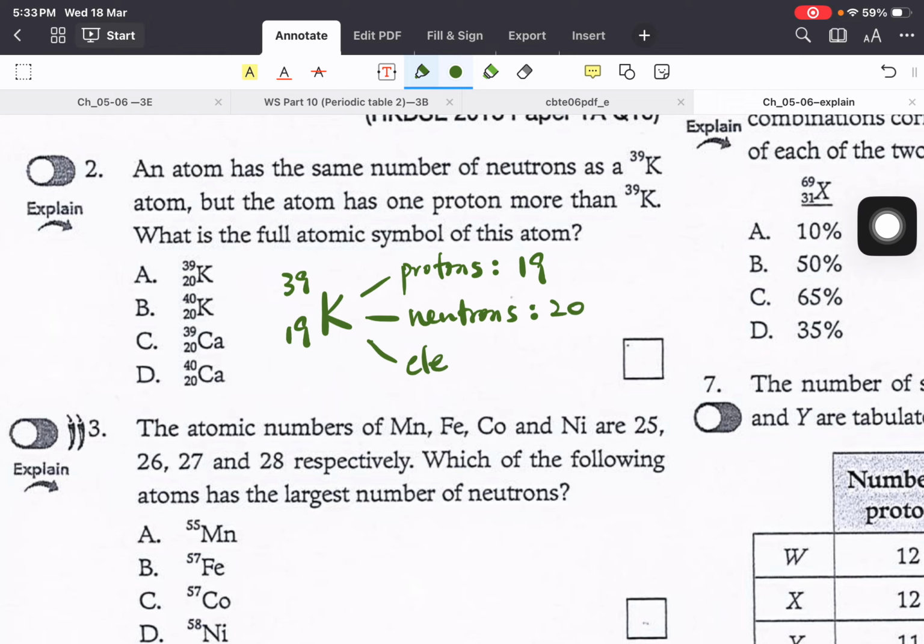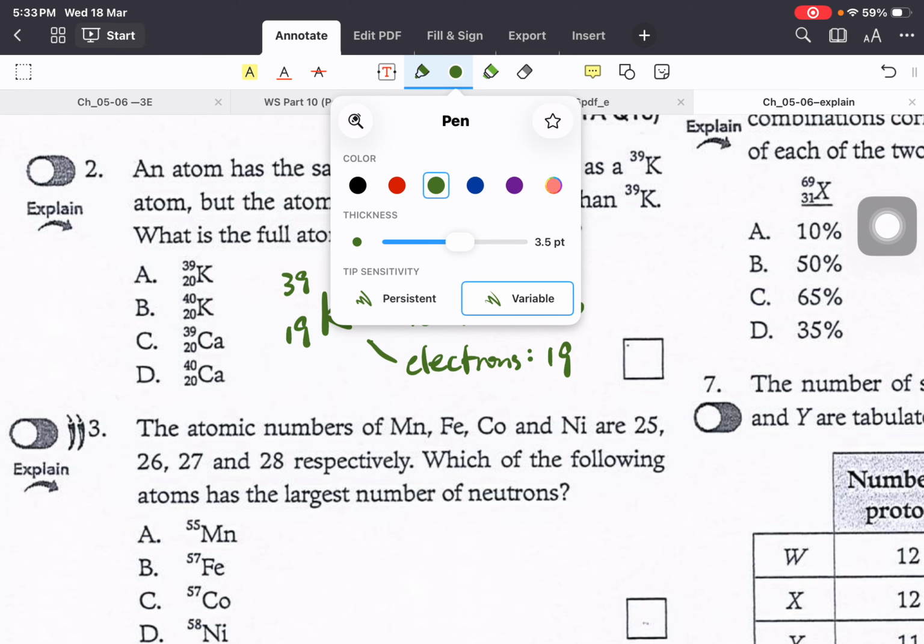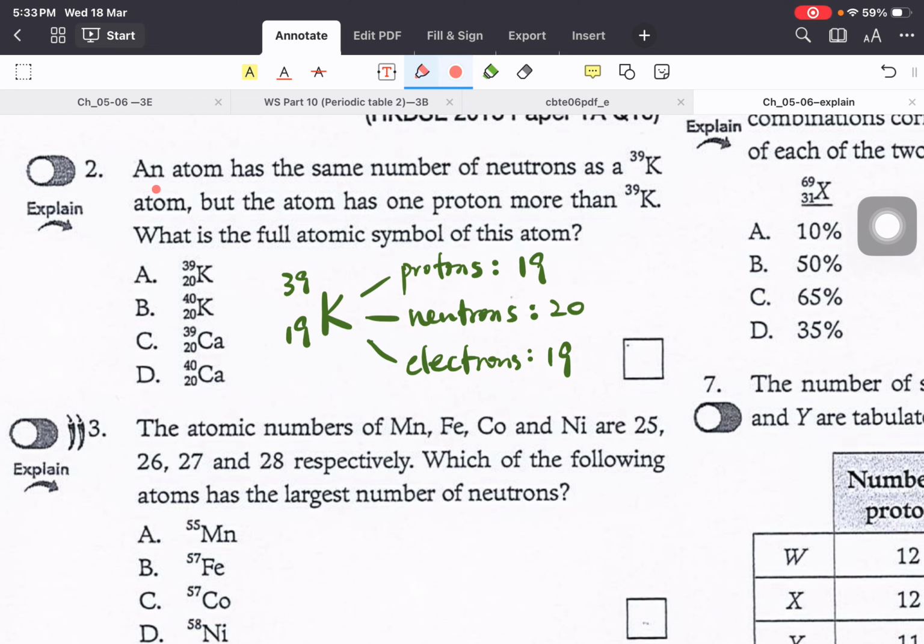And then electrons should be the same as protons, which is 19. Okay, so now we have an atom that has the same number of neutrons as K39. So let's say the atom is called Y. So Y has the same number of neutrons. It has 20.